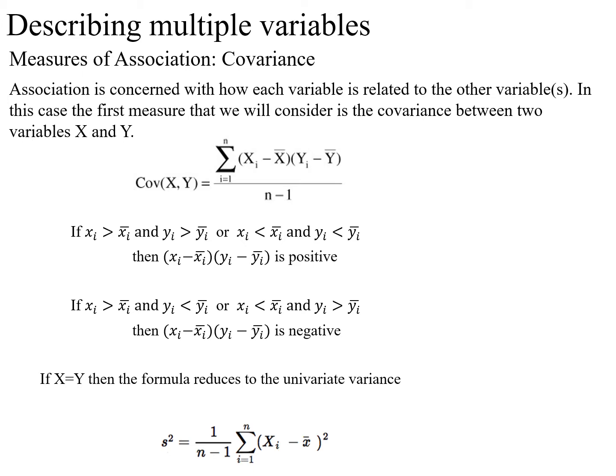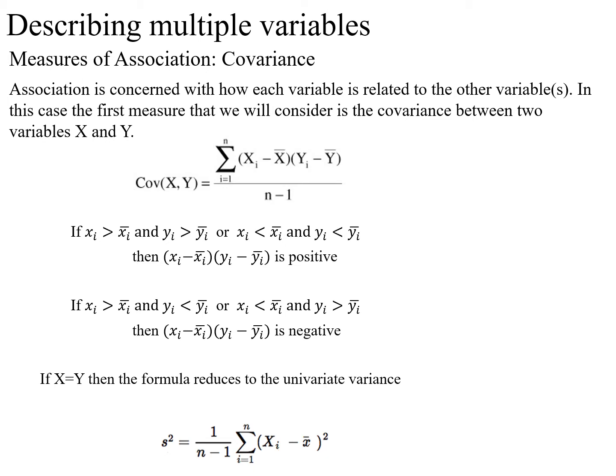Alternatively, if those residuals are both negative, so that particular x is less than the mean x, but y is also less than the mean y, then you're going to have, again, because you're multiplying two negative values, a positive contribution to covariance.